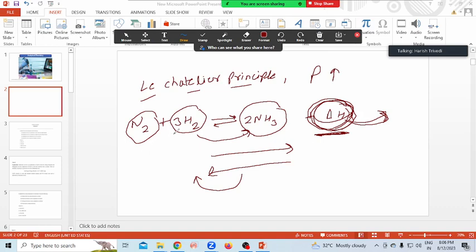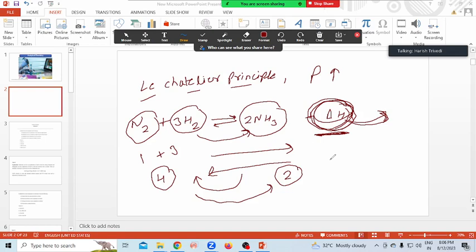If you count, one nitrogen molecule reacts with 3 hydrogen molecules, so a total of 4 reactant molecules are reacting and converting into 2 product molecules. So 4 to 2 means when the reaction moves toward the forward side, the number of gas molecules is decreasing, which means pressure is decreasing.